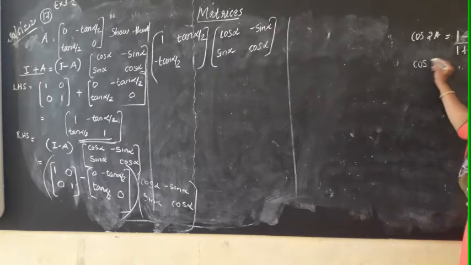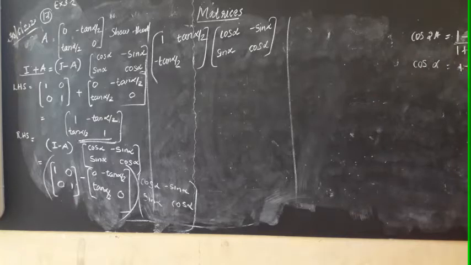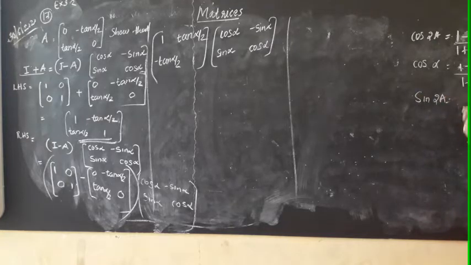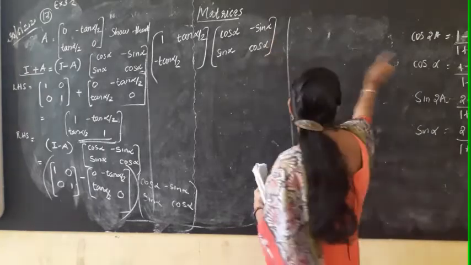Then cos alpha, taking the angle half, is 1 minus tan square alpha by 2 divided by 1 plus tan square alpha by 2. Similarly, sin 2a is equal to 2 tan a divided by 1 plus tan square a. Then sin alpha is equal to 2 tan alpha by 2 divided by 1 plus tan square alpha by 2.